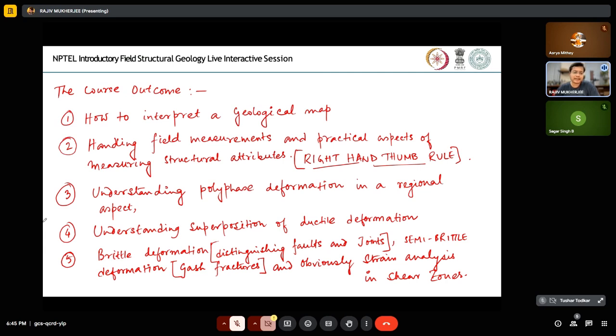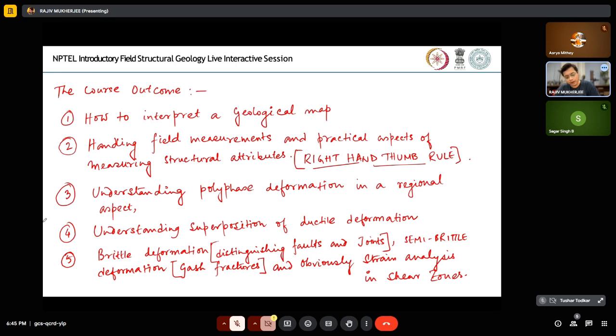Other than that, I have a few topics in mind, especially strain analysis. This is a very important topic. I found that it should have been discussed extensively, because three-dimensional strain analysis is very important and we have put a lot of focus on that. But other than three-dimensional strain analysis, there are also parts of two-dimensional and one-dimensional strain analysis, which are also very important for your understanding.